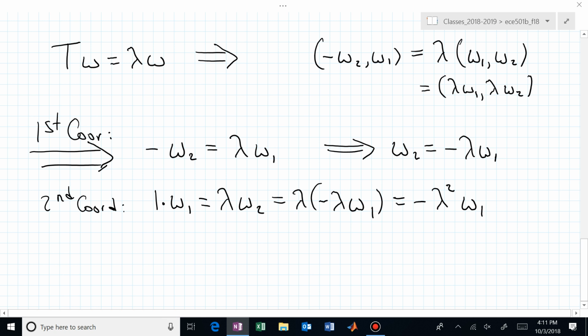For all w1, that says lambda squared is minus 1. So this coupled set of relationships tells us that lambda squared is equal to minus 1.